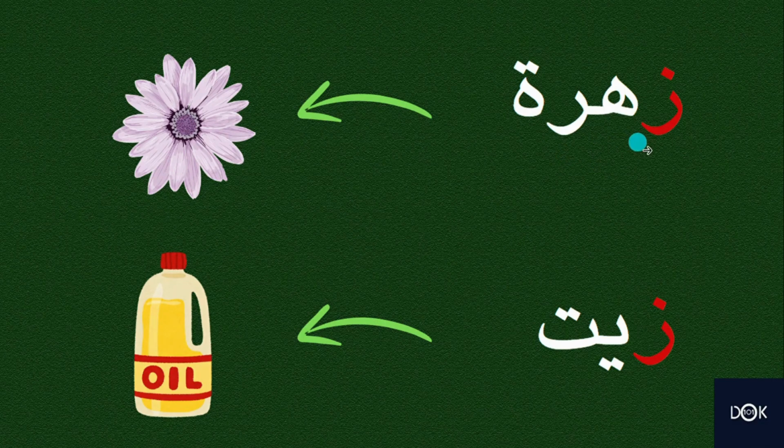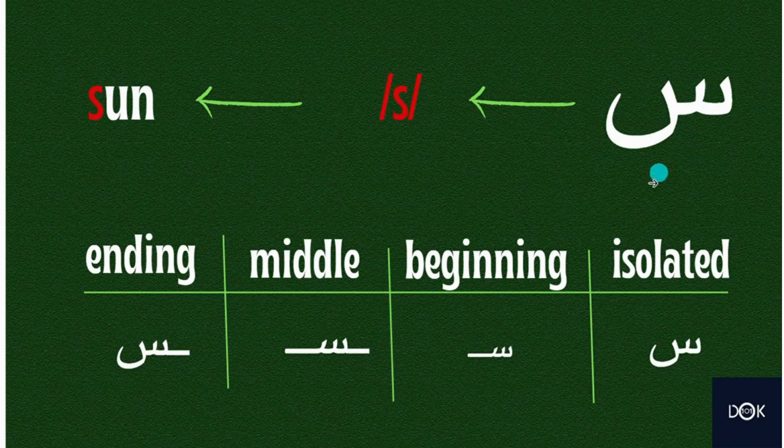Now, make sure you don't mix this letter with the letter Dal, which had a dot on it as well. Remember, letter Dal has no buzzing sound to it, and letter Za or Zai has a buzzing sound to it. The next letter is called Seen. And the sound of Seen is exactly like the sound of letter S in sun.